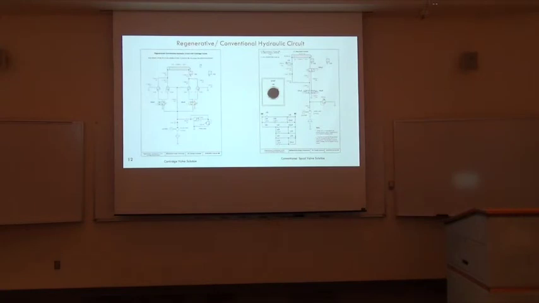If I go back to the regenerative / conventional hydraulic circuit, it might seem a lot messier compared to the conventional spool valve solution, but as with any software, there are limitations. As I said earlier, the cartridge valves fit into one big block, and we couldn't do that with the software. So these, including this relief valve, would fit into just one block.